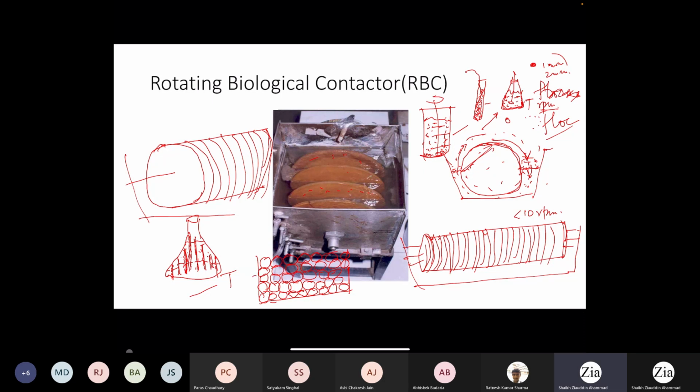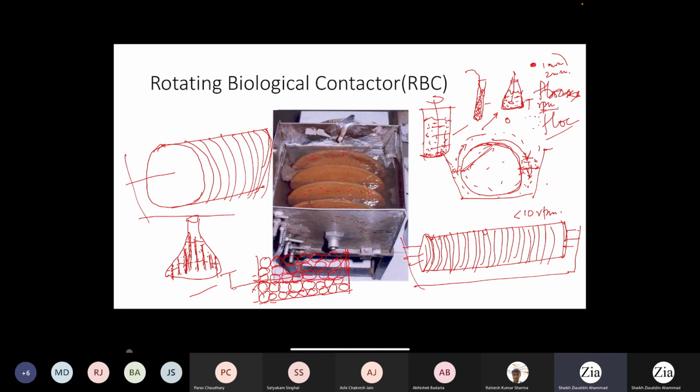All these layers are not very tightly attached to each other. So suppose you are getting a shear stress, which will create a little bit of detachment between the third and second layer. So it is very much possible that when this entire biofilm keeps on experiencing a similar amount of shear stress, after a certain period of time, it will first generate a crack, and then ultimately this upper layer will go off.